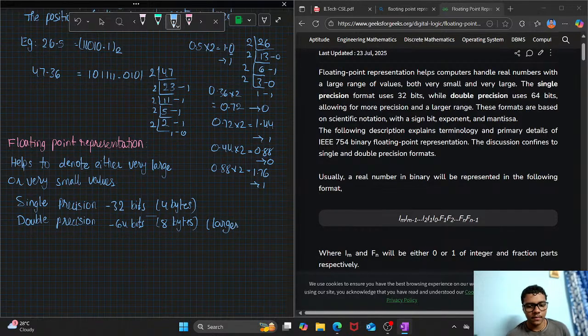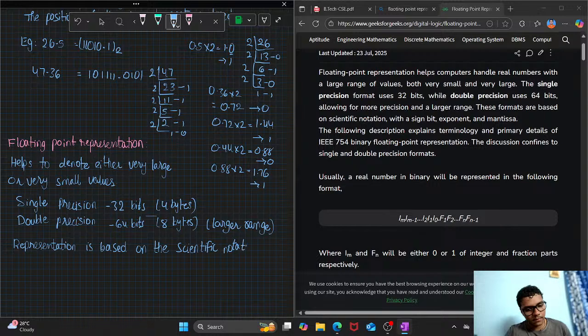Obviously, the double precision has a larger range than the single precision. The representation is based on scientific notation.